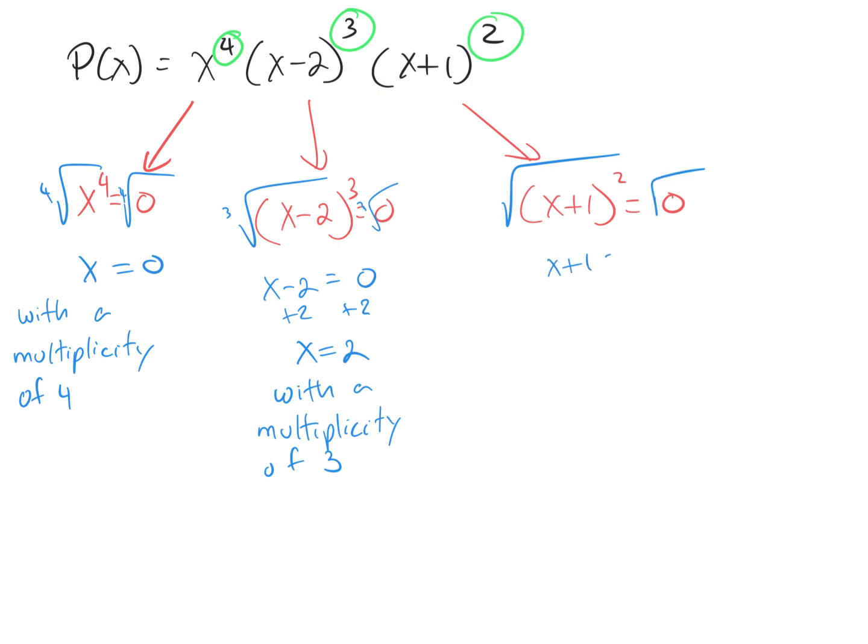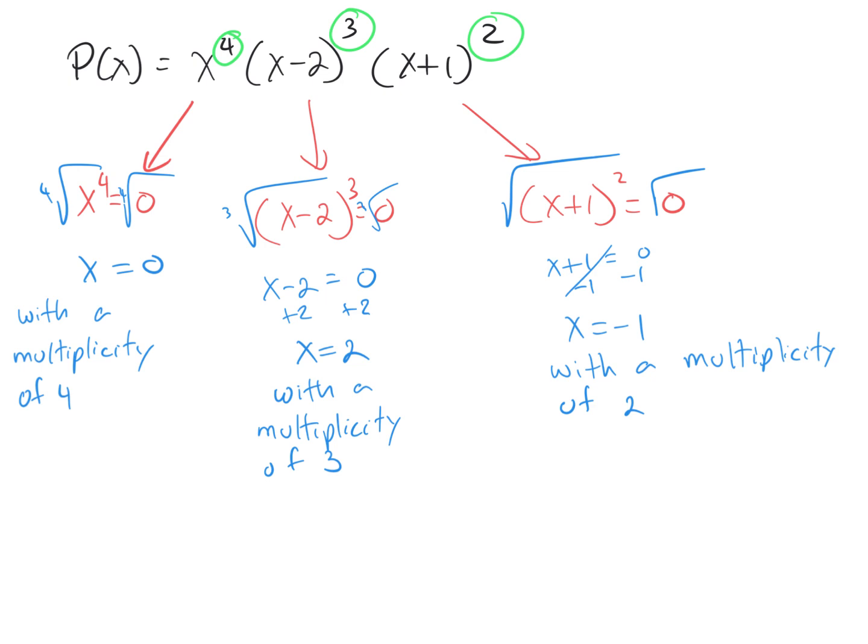We get x plus 1 is equal to 0. We subtract the 1, and we get x is equal to negative 1. This would be with a multiplicity of 2. Okay, so how do you know if it's going to quote-unquote bounce or go right through the x-axis?